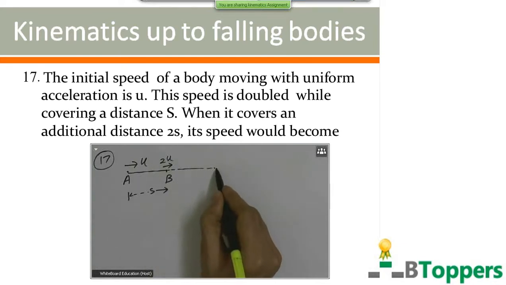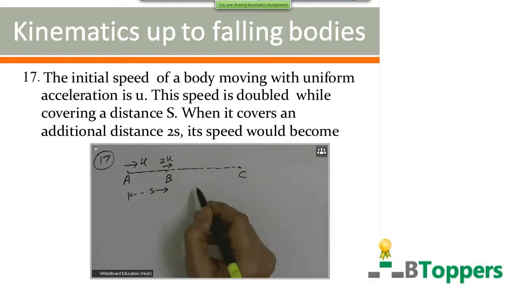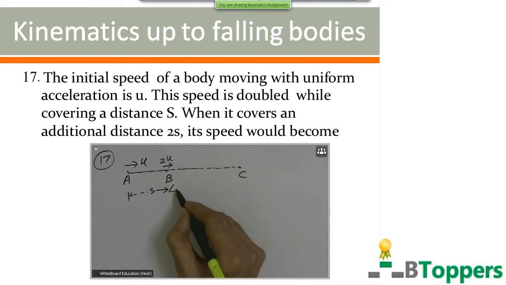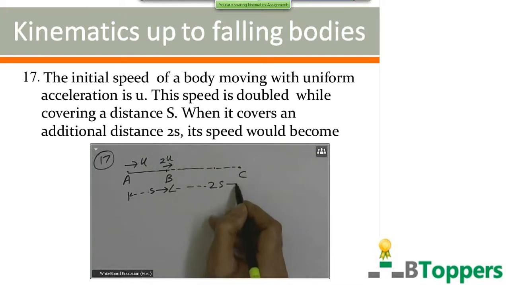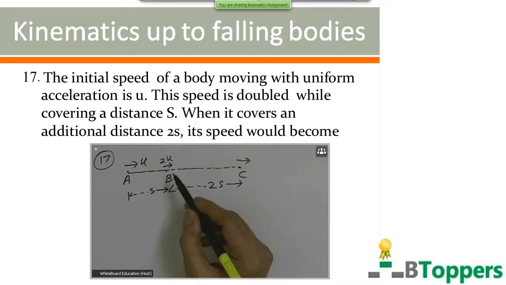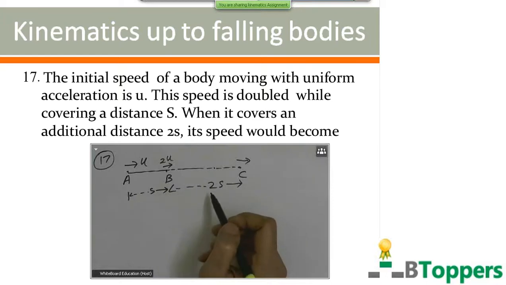Let us suppose the body travels from B to C when it covers an additional distance 2s. You have to find the velocity at C. The problem is given in terms of velocities and distances. So you can solve the problem by using the equation v square minus u square equal to 2as.